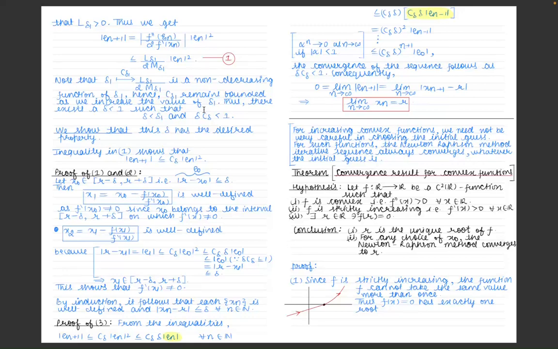Because C delta is less than or equal to 1, the way we have chosen, and this is precisely, again, I am writing r minus x naught, and this is less than delta. So all this jargon is to prove that x1 belongs to r minus delta to r plus delta.